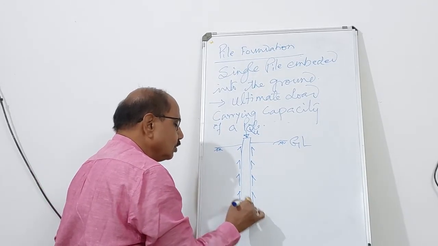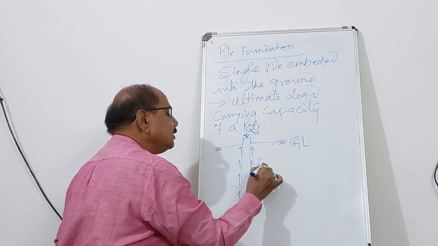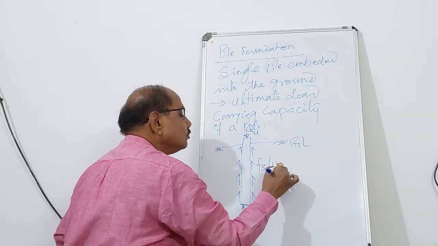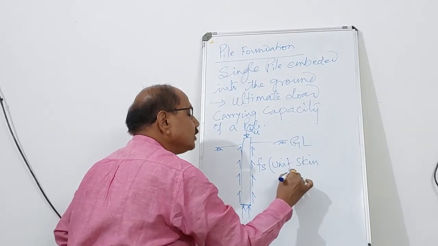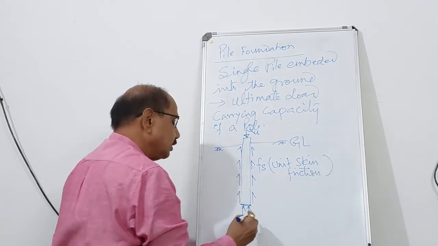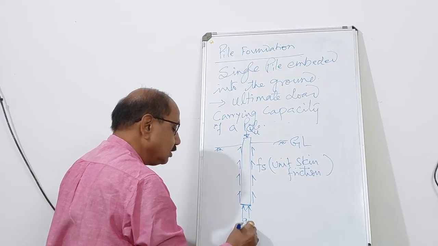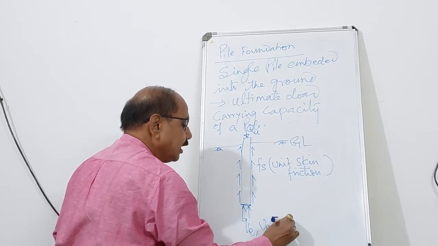So this skin friction is known as unit skin friction. And this is known as symbol qe, unit end bearing.